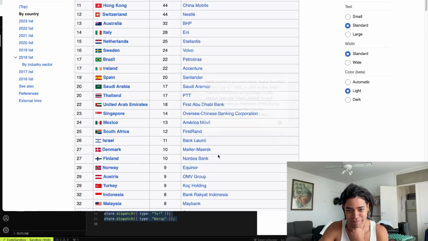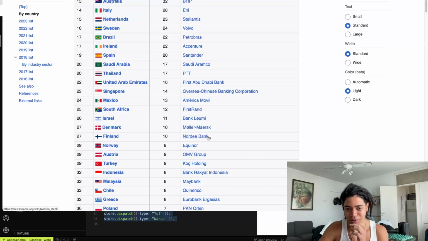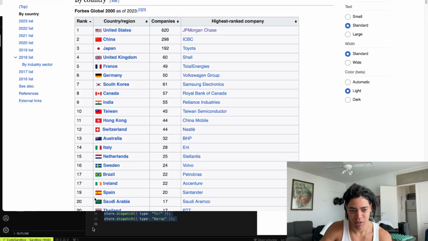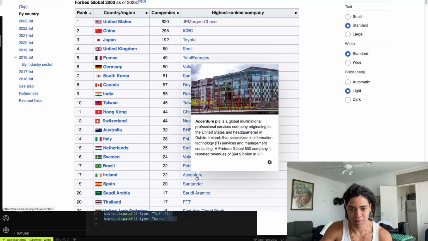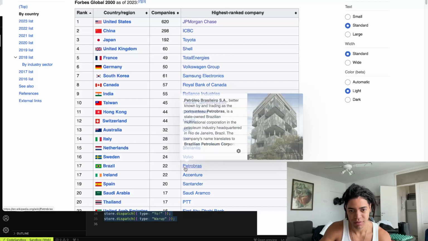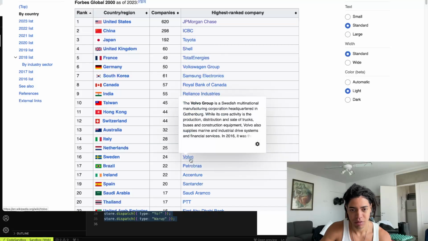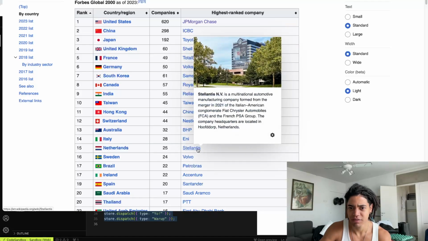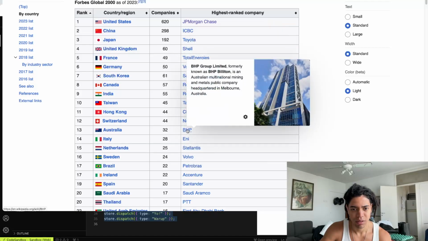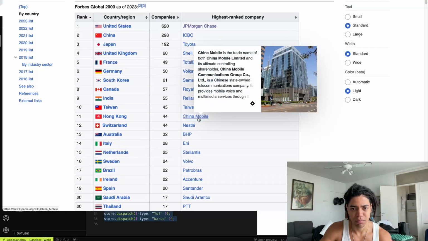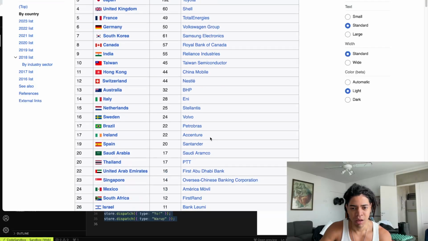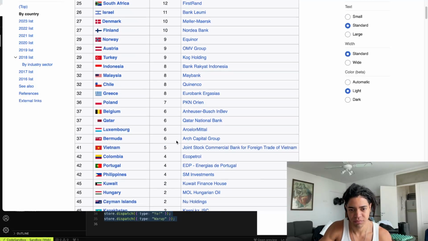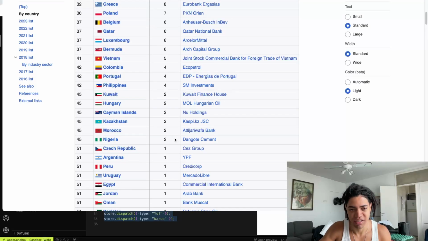Bank Leumi. Most of the top 20 is IT consulting. Stellantis is an automotive manufacturer. Most of those companies are from energy.